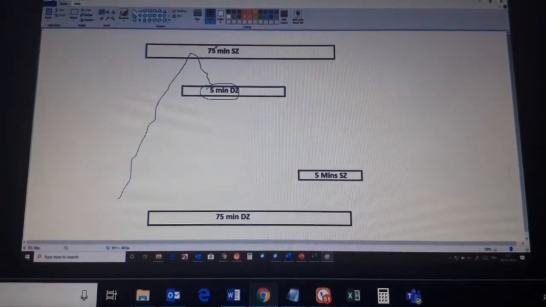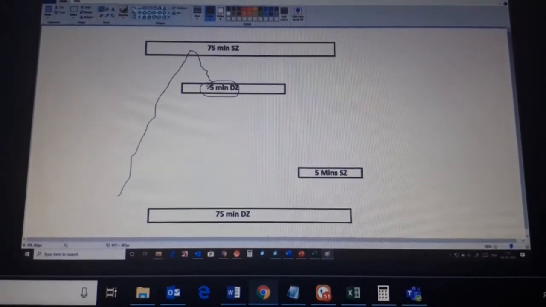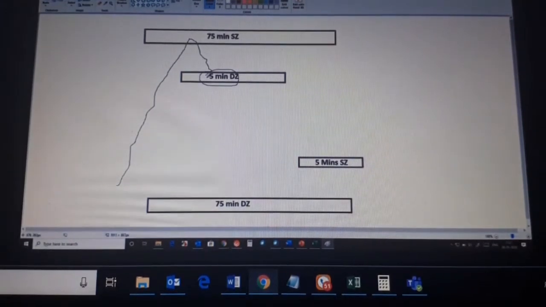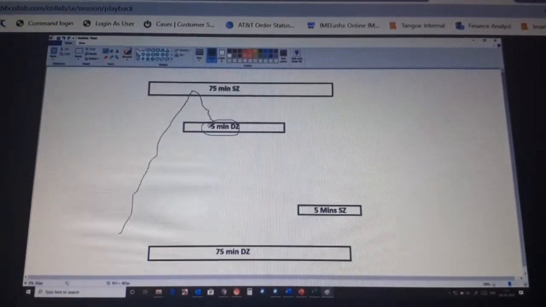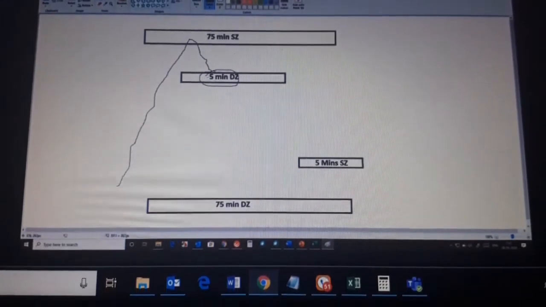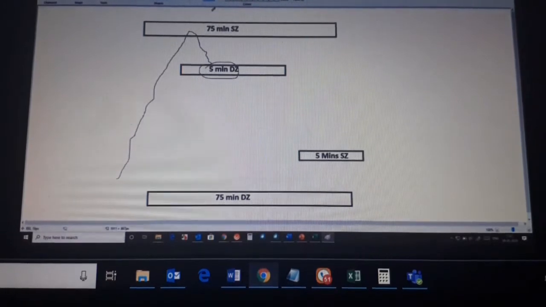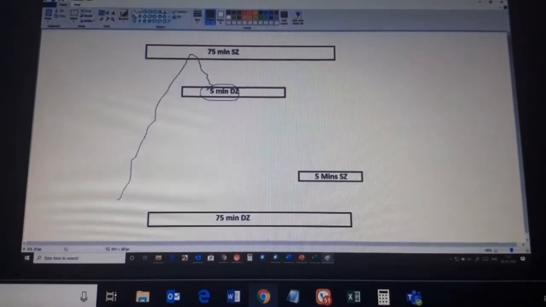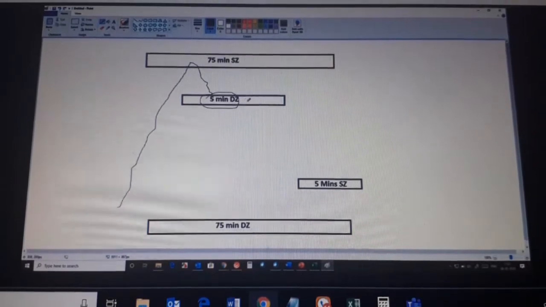Is it the 75-minute supply zone or a 5-minute demand zone? Think again, guys. This is a 75-minute supply zone. It is hitting the 75-minute supply zone and coming here. So does the 75-minute supply zone have the high probability of working, or the 5-minute demand zone?